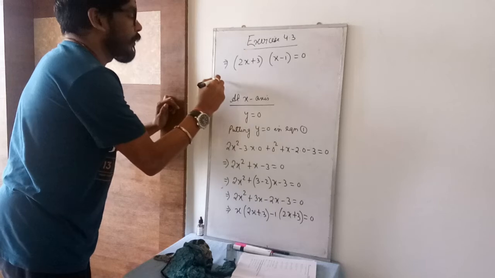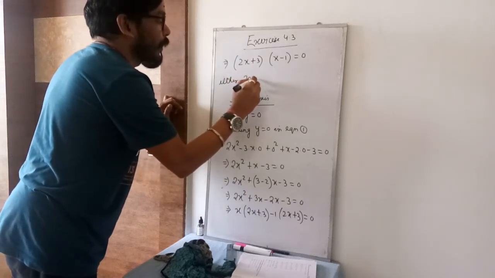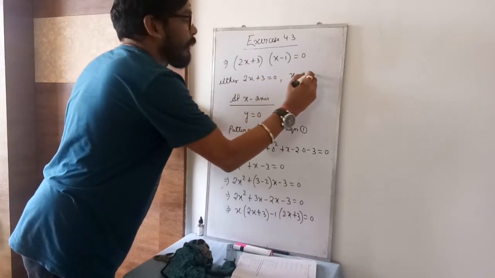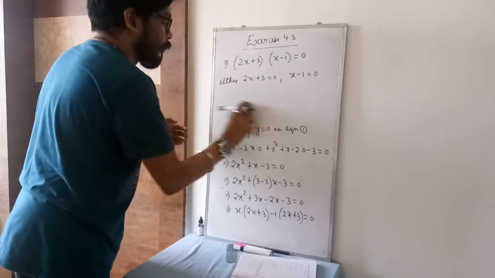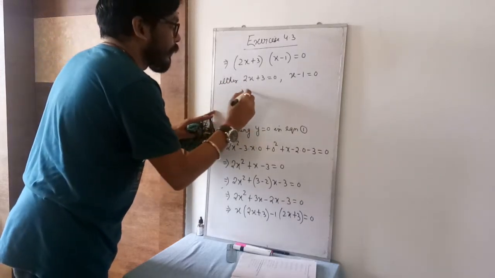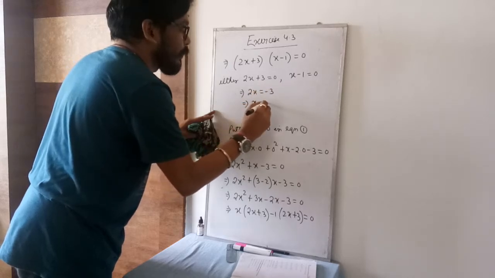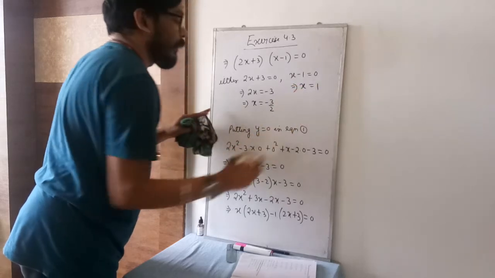Either 2x plus 3 equal to 0, and the second one x minus 1 equal to 0. So what did you get here? 2x equal to minus 3, x equal to minus 3 by 2, and here you got x equal to 1.